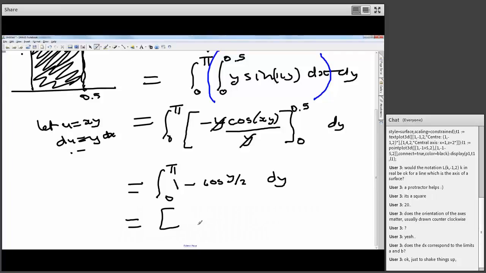Integral of 1 is y. Integral of minus cos y on 2 requires reverse chain rule again. Integral of minus cos is minus sine y on 2. And then we have to divide, because it's a reverse chain rule, by the derivative of the inside function, which means dividing by half or multiplying by 2, same thing. And then we're chucking in 0 and pi.